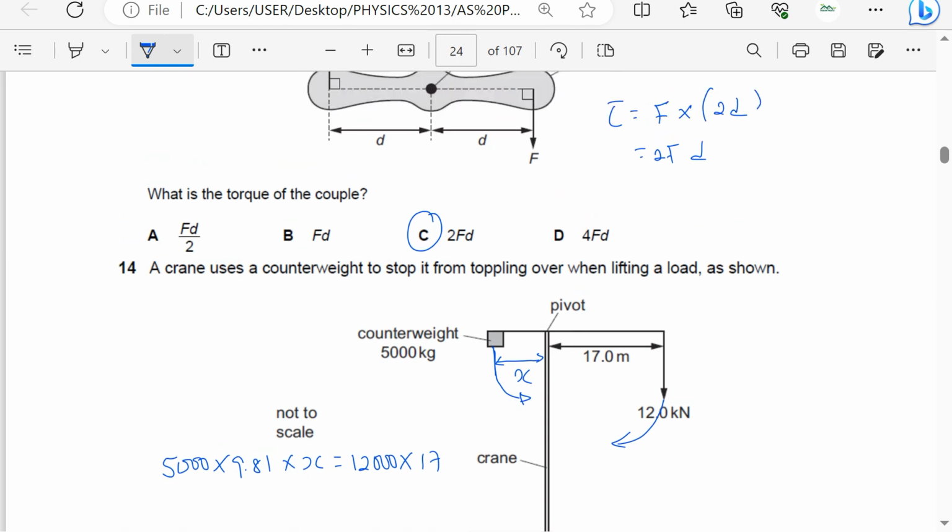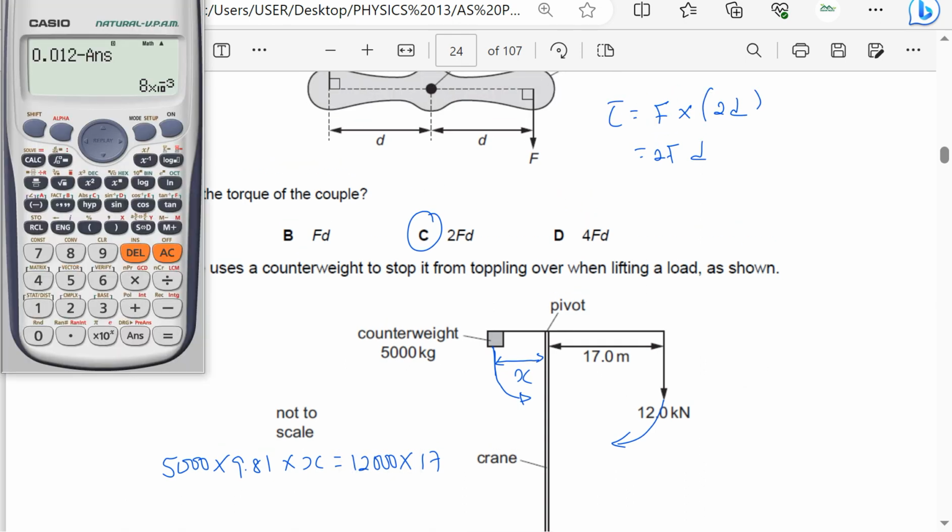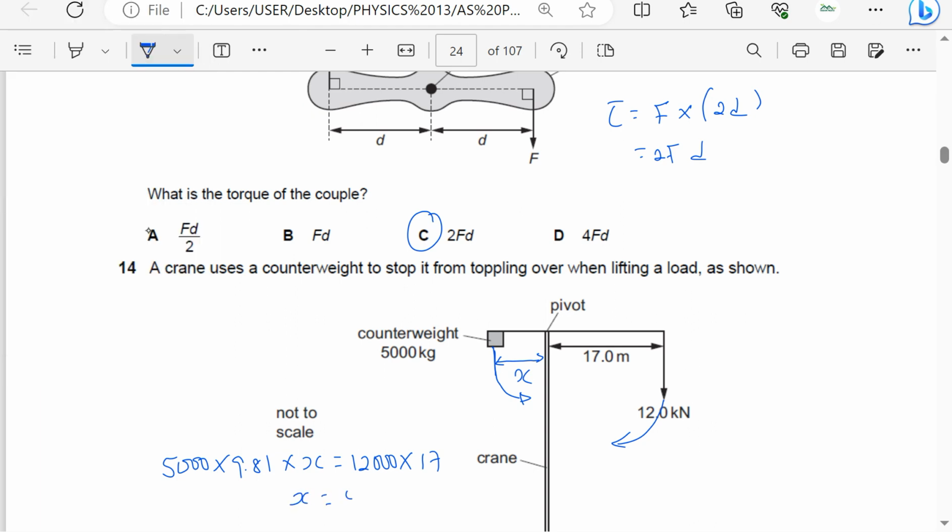Without wasting time, I'll just press my calculator. 12,000 times 17, divided by 5,000 times 9.81. So this is giving me 4.159, or 4.16. So x is 4.16 meters.